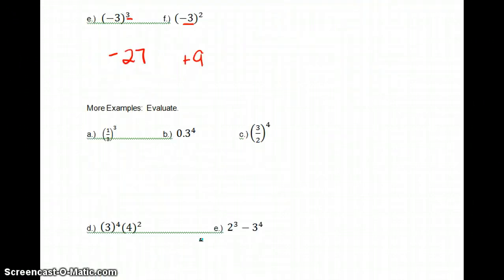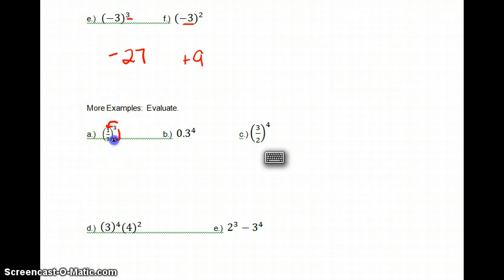We're now just going to look at some more examples. I just want to show you some variations of exponents. These ones are just a little bit different because they contain fractions and decimals. So in letter A, when you are raising a fraction to a power, you will note that the entire fraction is the base, and we know that because of the parentheses there.